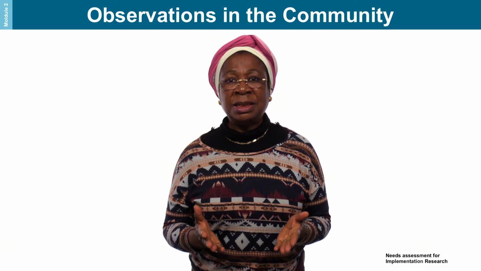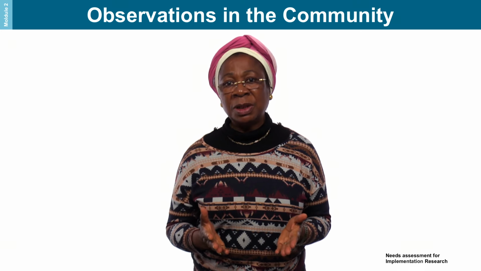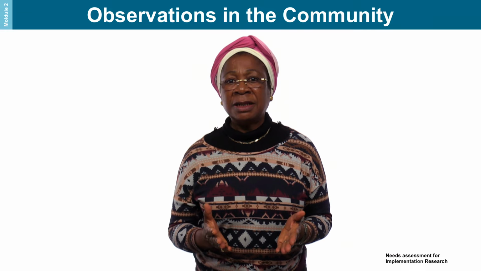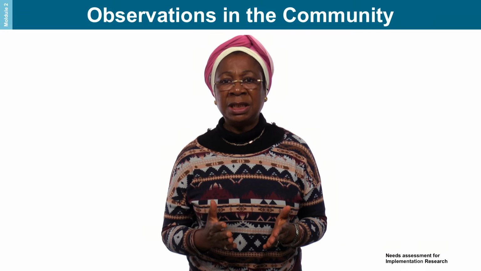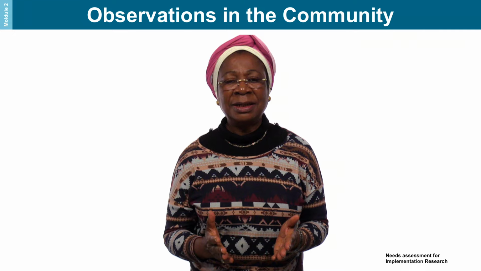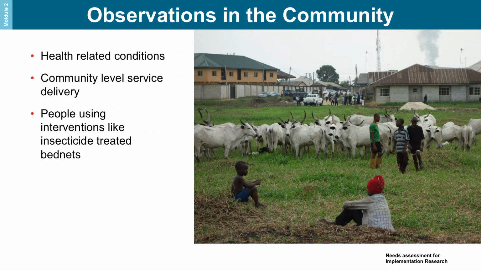I like to end this chapter with reference to 2 other sources of data that have proven very useful in implementation research. These are observations in the community on health-related conditions, community-led service delivery, and observing how people use intervention commodities such as insecticide-treated bed nets.